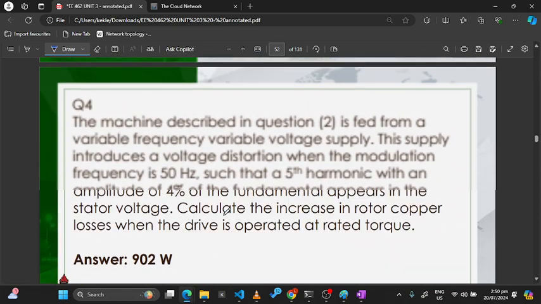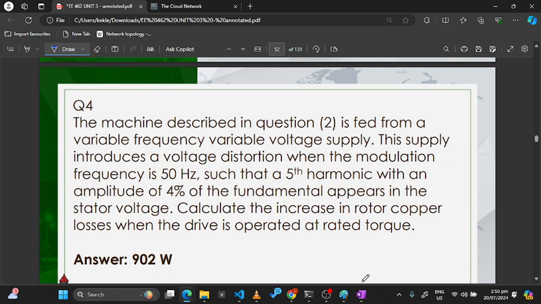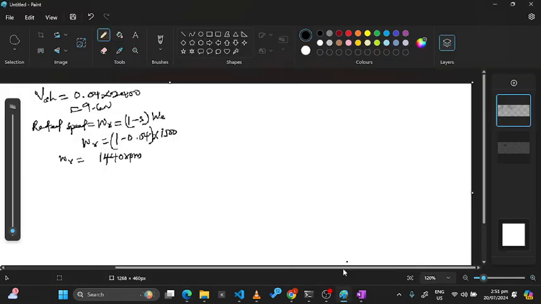Let's go. We are at question 4. Our slip has changed, not because our omega R has changed. We are now looking at the effect of the harmonic voltage, and it says that it's a fifth harmonic.